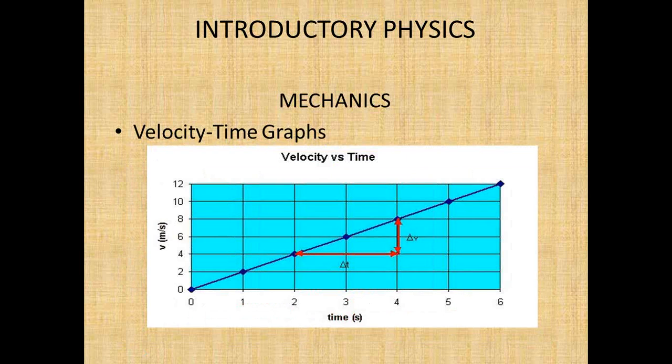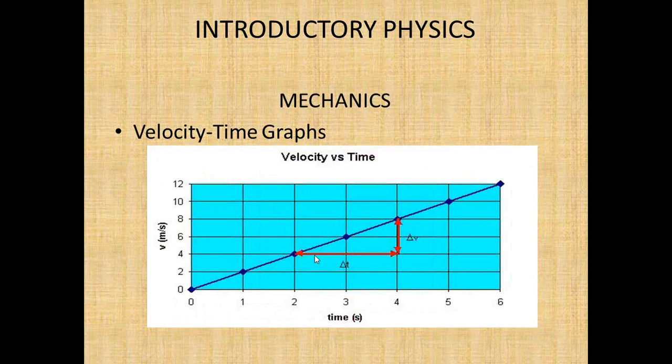Now, it's very important for you to appreciate that when you have a velocity time graph, the velocity is on the vertical axis and time on the horizontal. Again, the slope is the acceleration, but the area under the curve tells you about displacement or distance traveled. We're talking about vector quantities, so let's stick with displacement. The area under the curve.